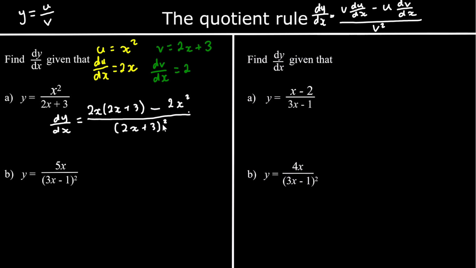We can simplify this, so if we expand the bracket, we get 4x squared plus 6x. So 4x squared take away 2x squared is 2x squared. So we've got 2x squared plus 6x over 2x plus 3 squared. And we'll leave it like that.